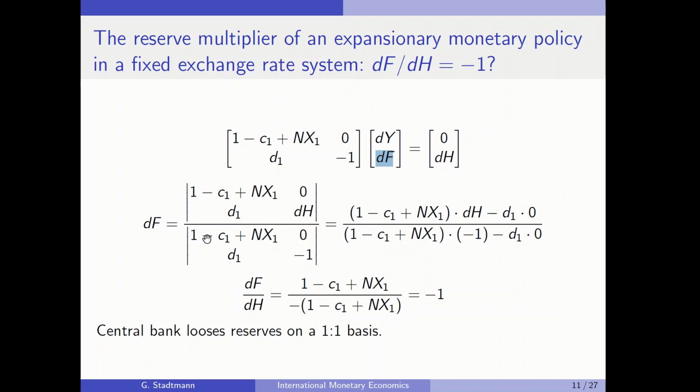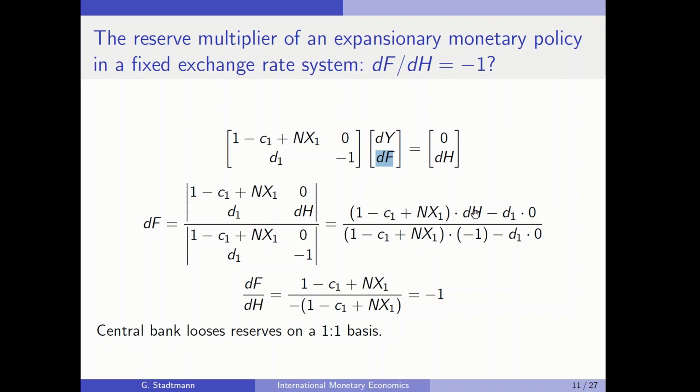In the denominator, 1 minus c1 plus nx1 times minus 1 minus d1 times 0. There are some zeros here, so these zeros do not pop up anymore. There is a negative sign here, so this negative sign goes to the front.